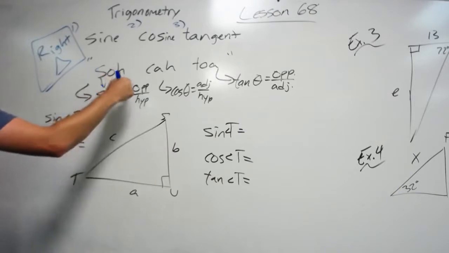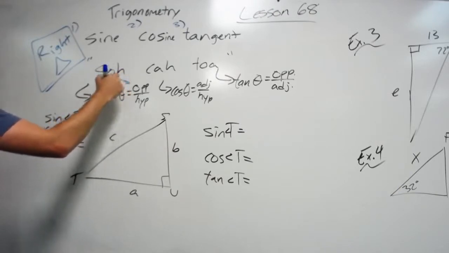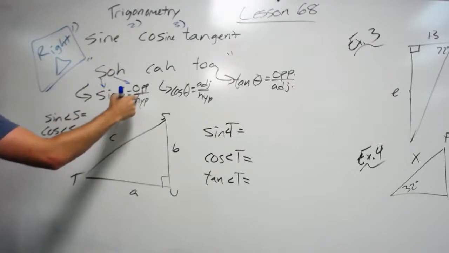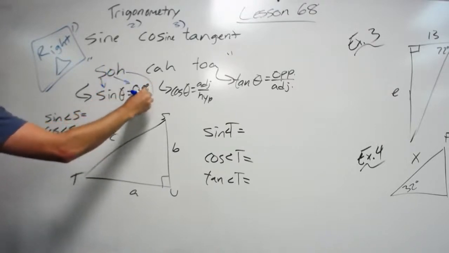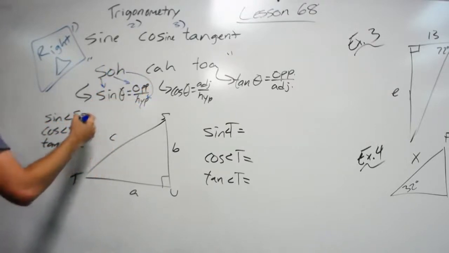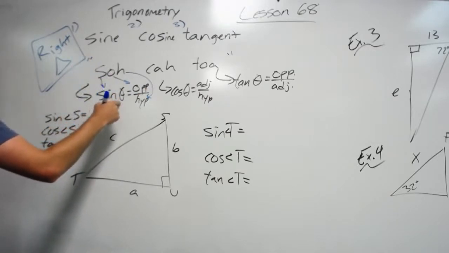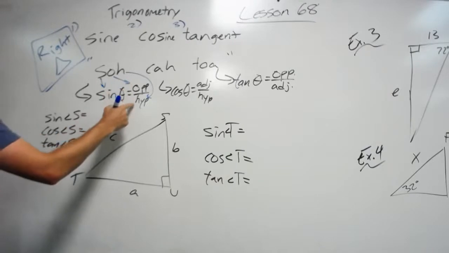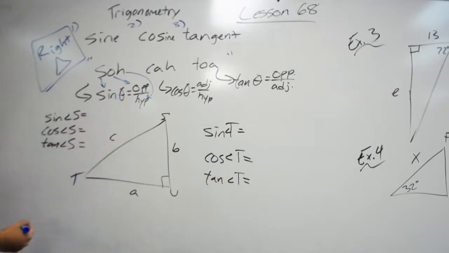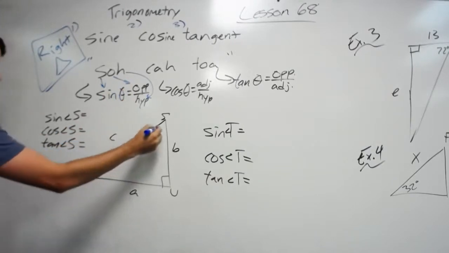O stands for opposite, and then there's always a divide sign. H stands for hypotenuse. So our trigonometric ratio for sine is sine of theta equals opposite over hypotenuse.